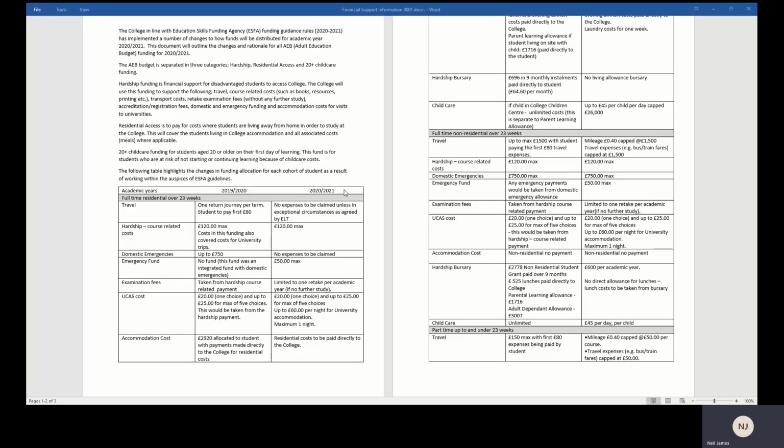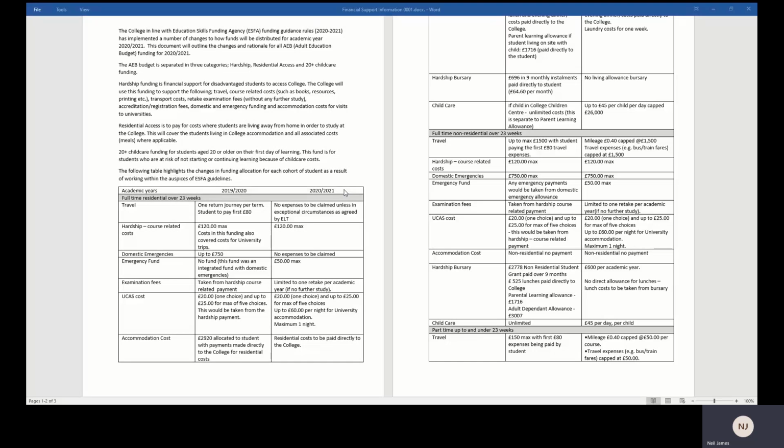This is with the exception of childcare payments, which I'll go on to in a moment, because obviously if a child is poorly, then a parent may not be able to attend, depending on why the child is ill. It may be that they've been told that they can't attend their childcare provision for 48 hours, which would mean that the student may not be able to attend the college. So we would look at all attendance on an individual basis.